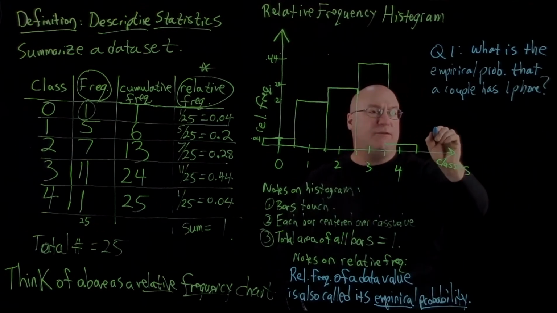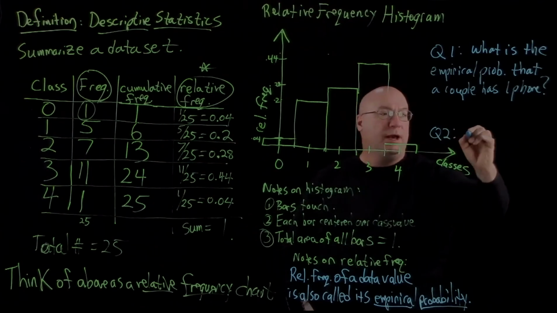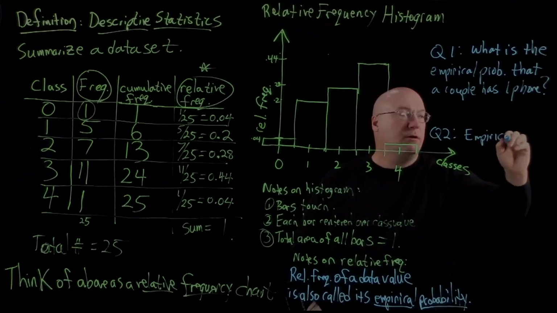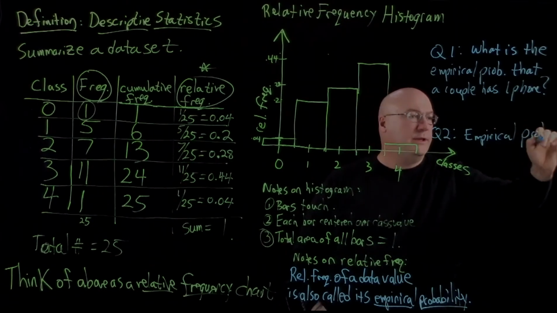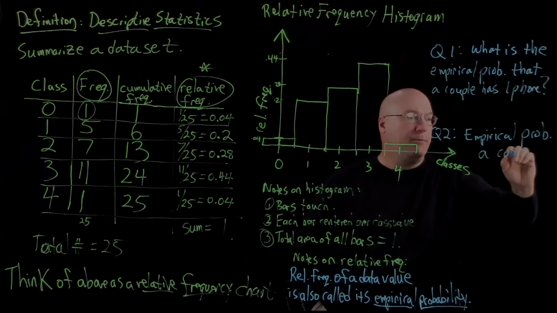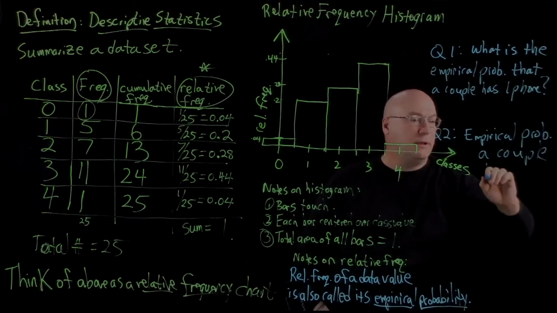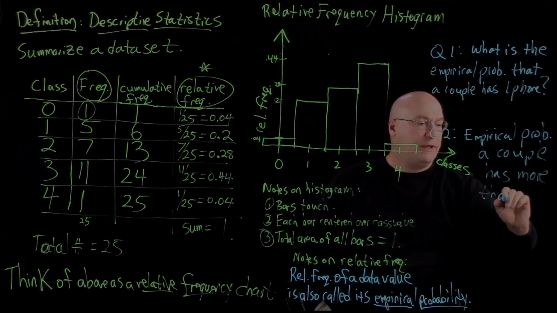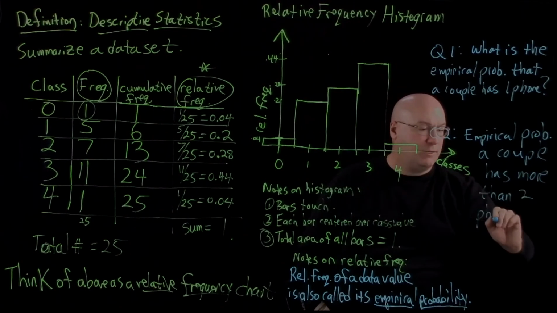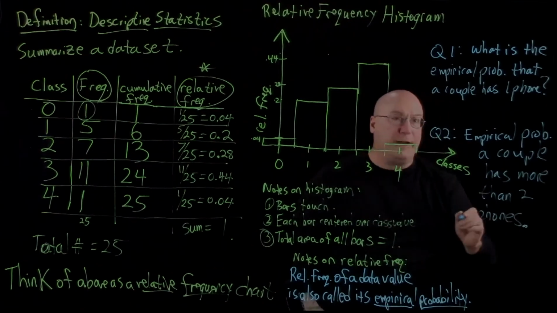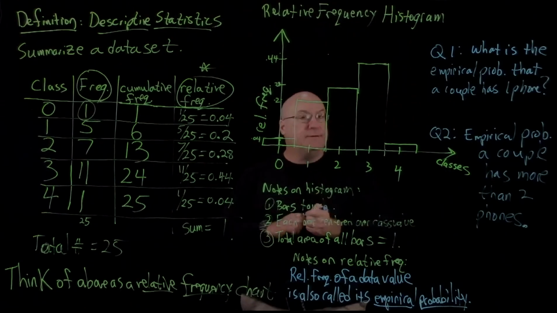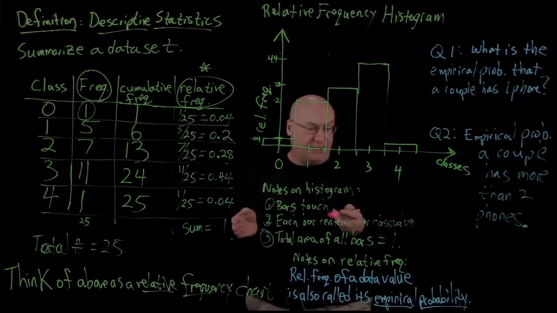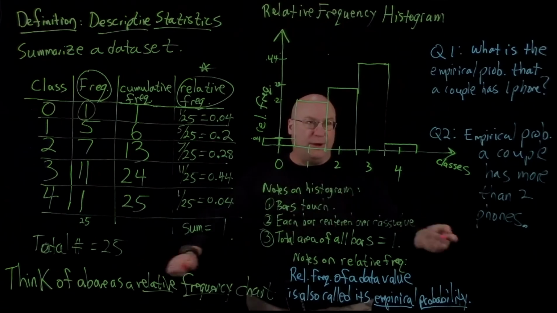And question 2, I want the empirical probability a couple has more than 2 phones. All right, so why don't you pause and see if you can figure that out, and then I'll answer it. So give a pause.